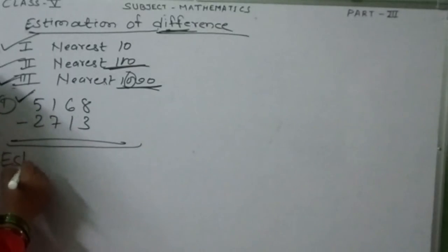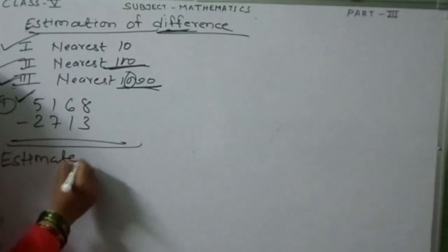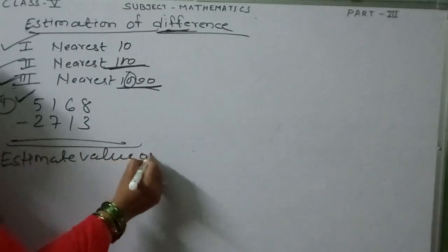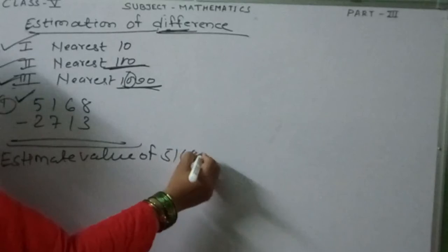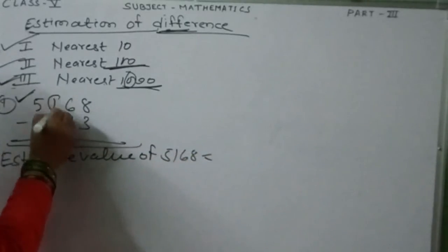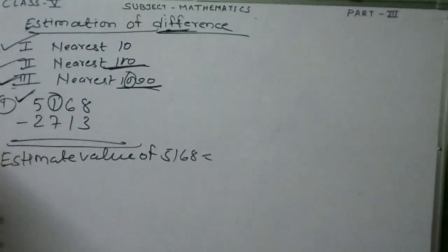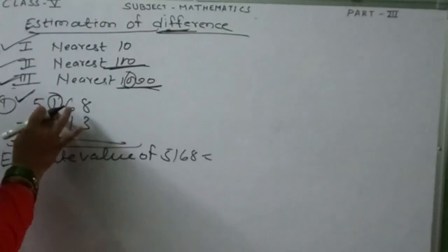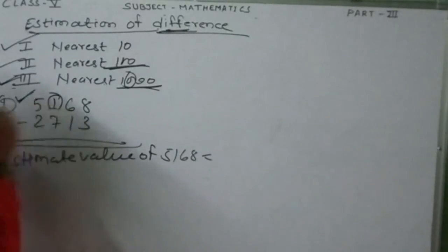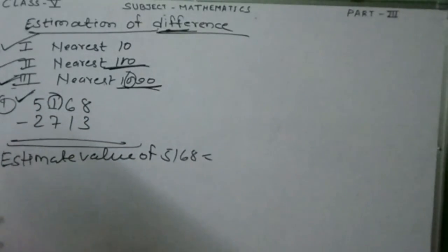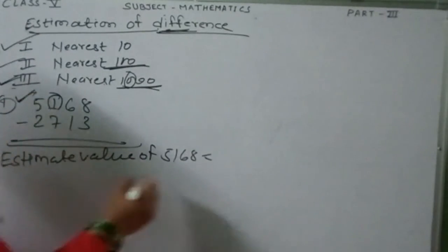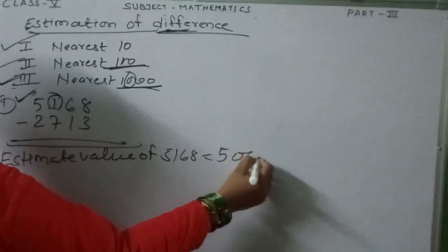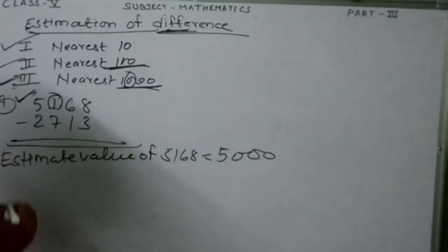The estimate value of 5168: which digit do we have to compare? This one, the hundreds place. What is here? 1. And 1 is less than 5. So there is no need to give any more here. Simply write 5 and the next digits will be 0, 0, 0.